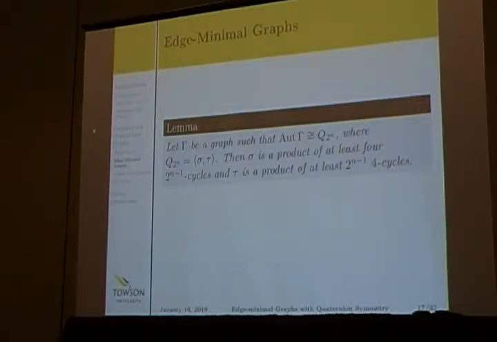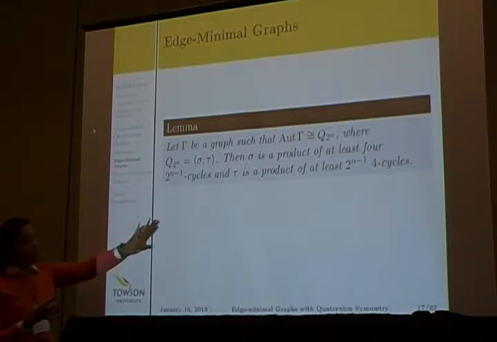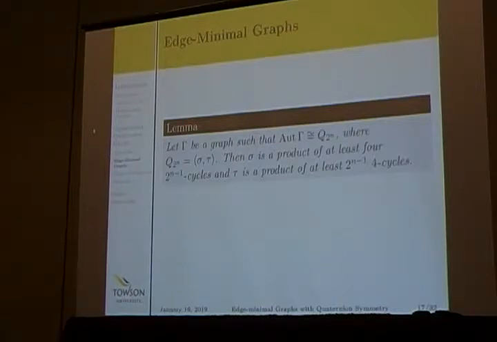But remember, those generators are permutations of the vertices. Okay, so since they're permutations, in this particular case, we have to have sigma as a product of at least 4 2 to the n minus 1 cycles, and tau is a product of at least 2 to the n minus 1 4 cycles. Okay, so this is giving us an idea of how large the support of these permutations have to be.